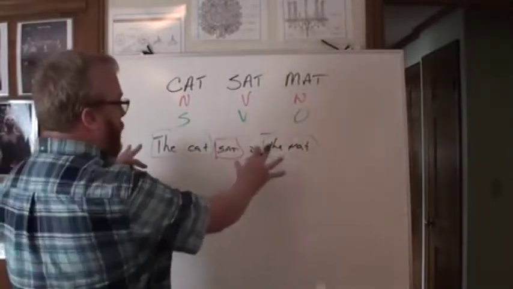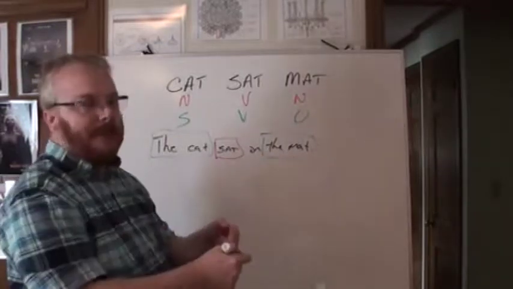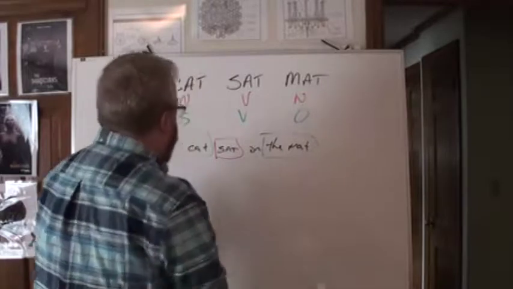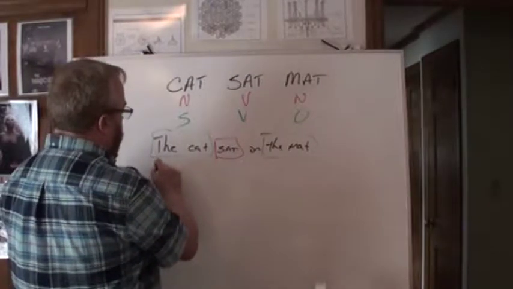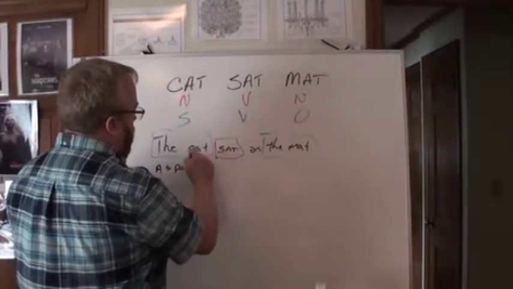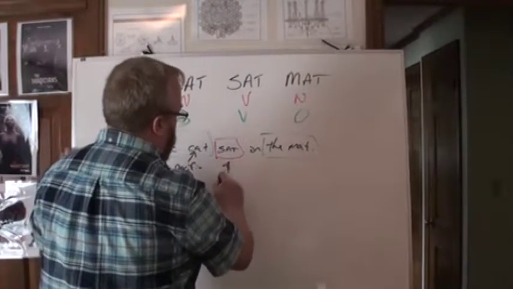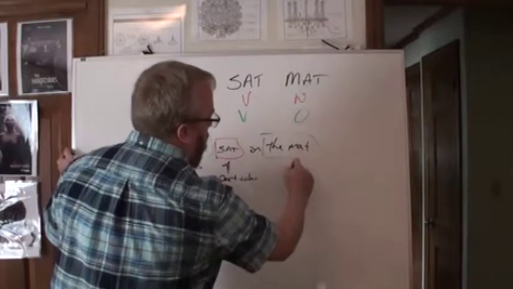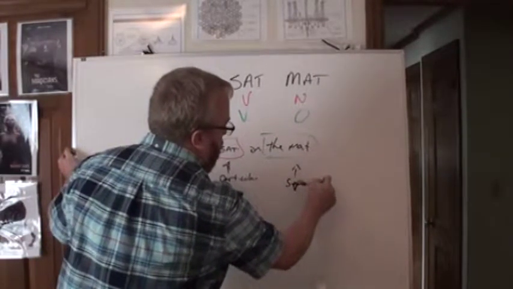Okay, so what we're saying here is the cat sat on the mat. Okay, and everything is paired up. Sat on is going to be our pairing there. The mat is going to be our object pairing, and then the cat. What this tells us, as we're looking at it, is that a specific cat did this particular action on a specific mat.